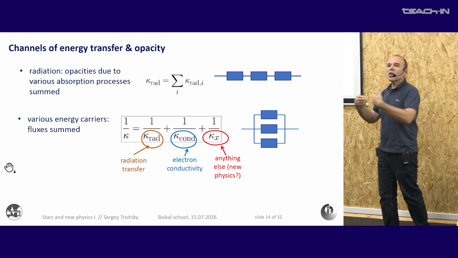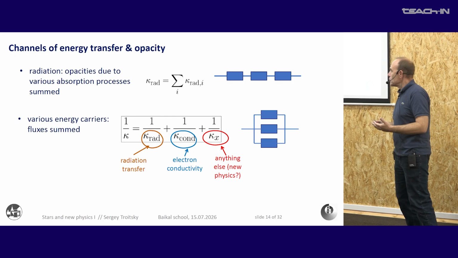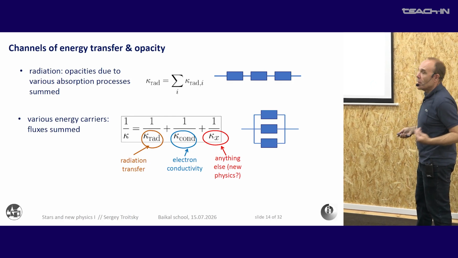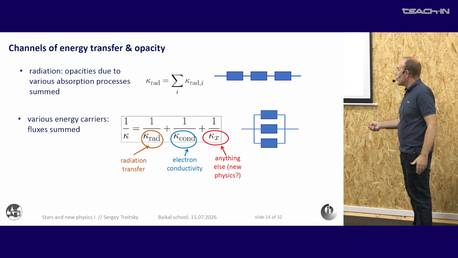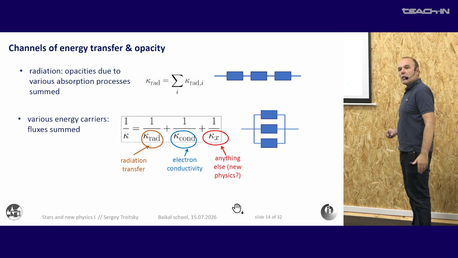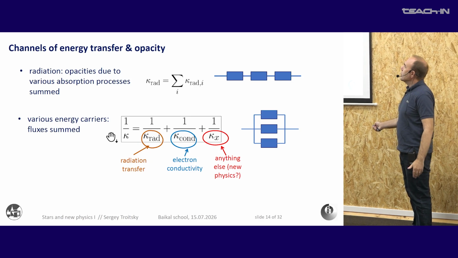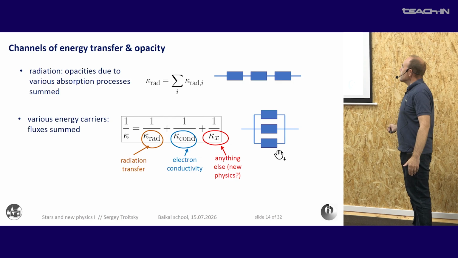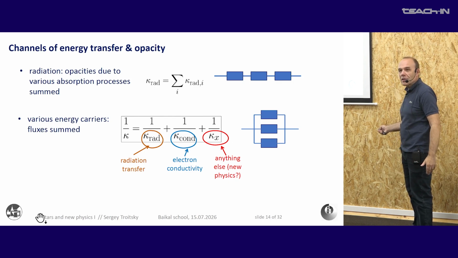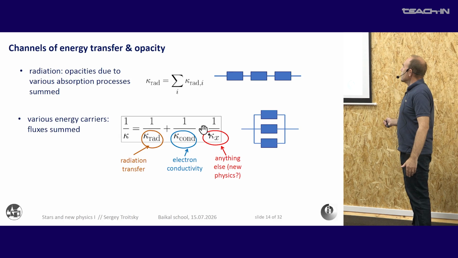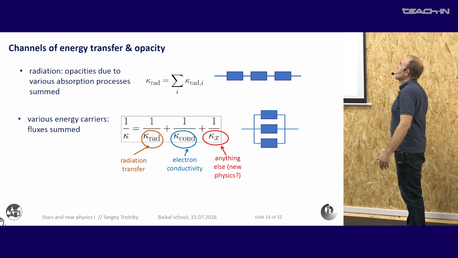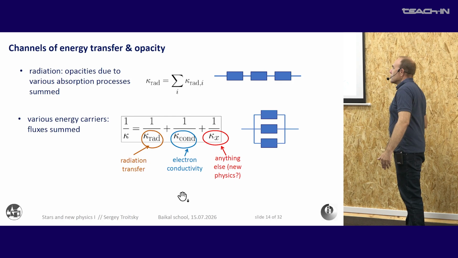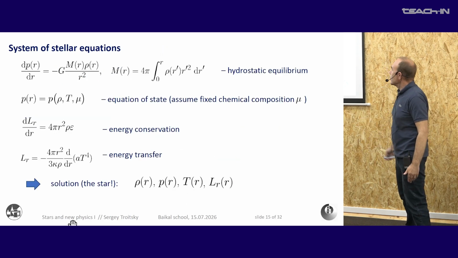But if we have energy carriers other than photons, for instance electrons, the energy transfer can be by electron conductivity, or by anything else. Then we should consider this system of parallel resistors, and the energy flux can go by photons, by electrons, by X particles. So the inverse opacities should be added.